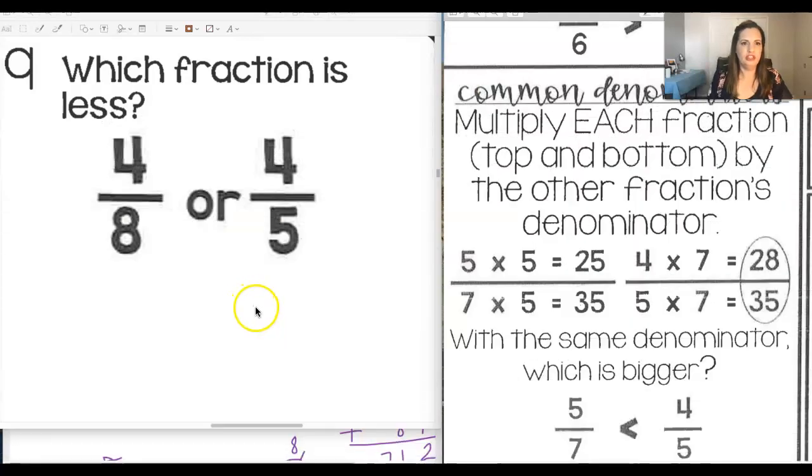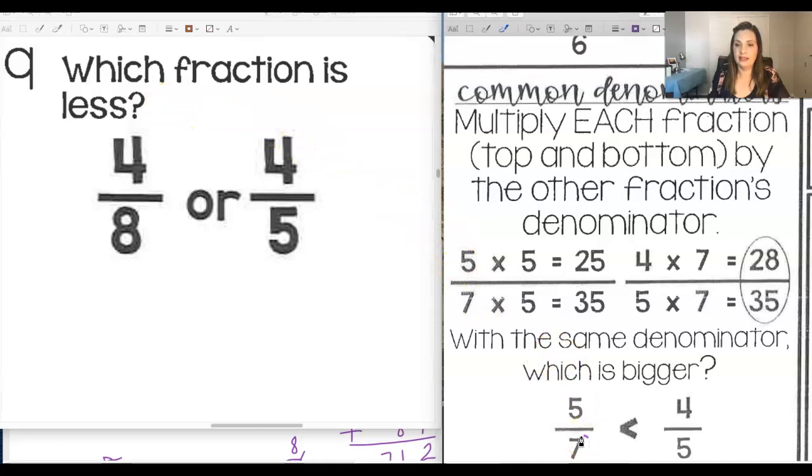Number 9, which fraction is less, 4/8 or 4/5? Well, I see that I have two different denominators. I know from the problems we've done before, and you have this little math help sheet, that if I have two different denominators and I want to see which is less, I have to find a common denominator.